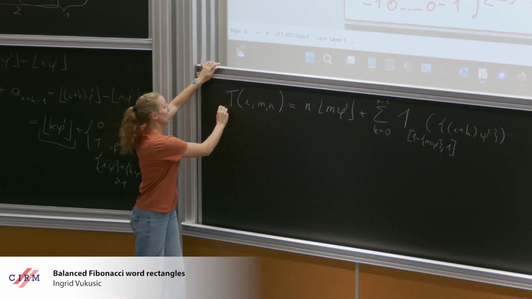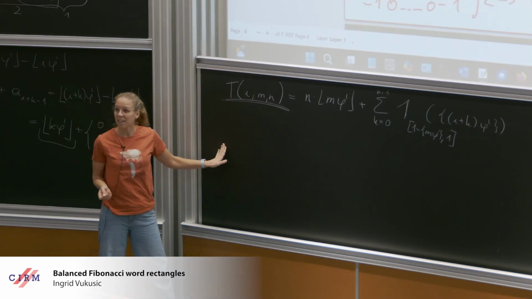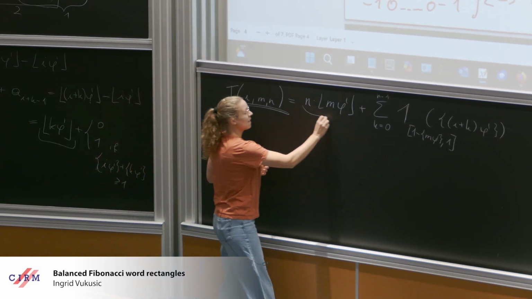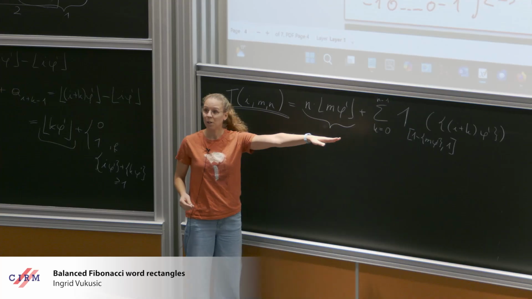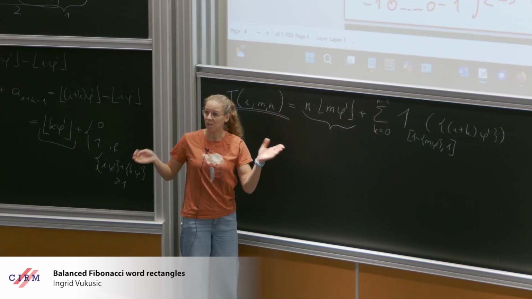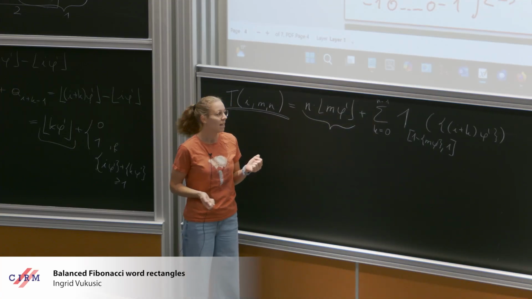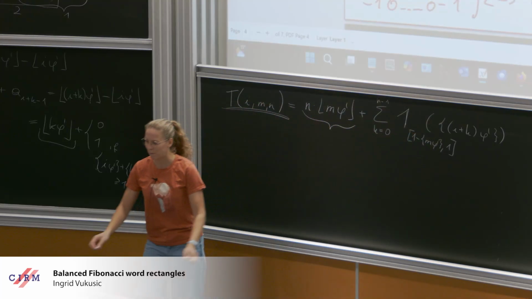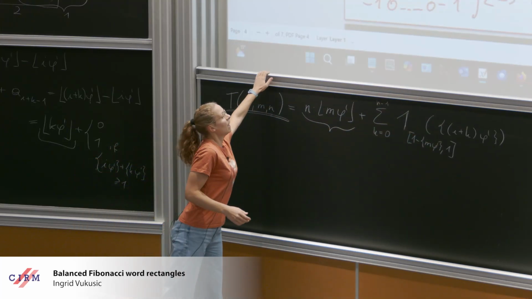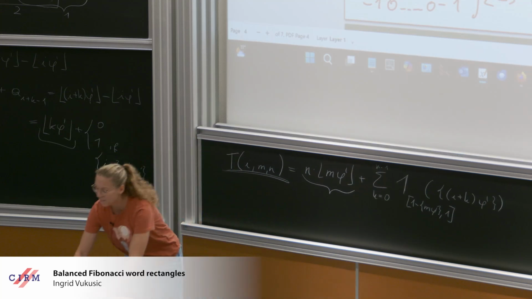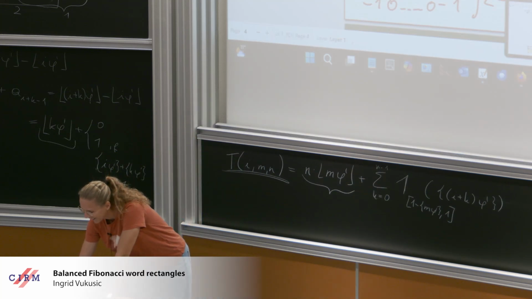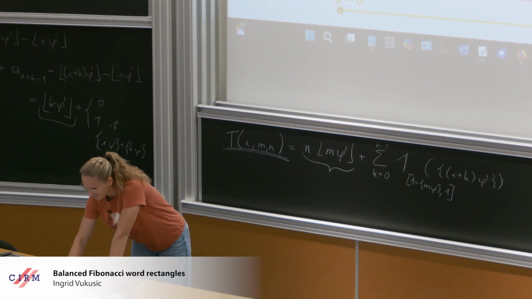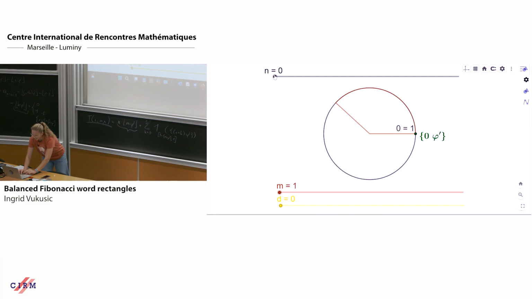So if we want to know whether the rectangles are balanced, well, this is fixed, so we only need to know whether this sum can vary by more than 1. And this is really just about counting fractional parts, which means we can go back to my animation, which this time will hopefully work, because I've fixed my keyboard. Okay, so this is the unit circle.